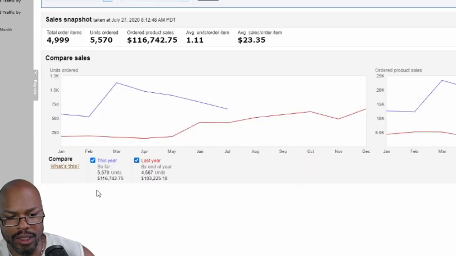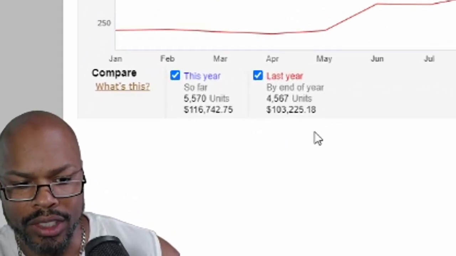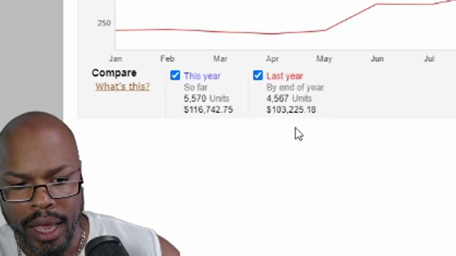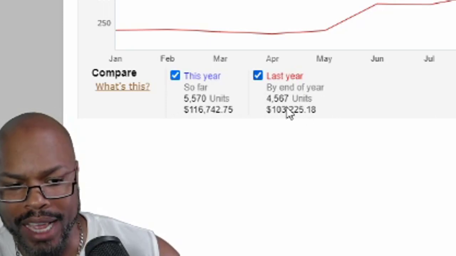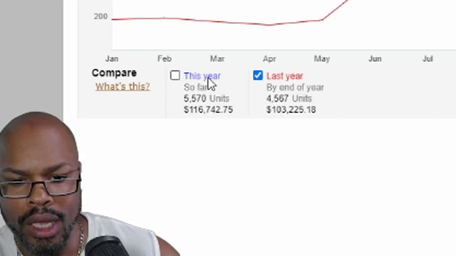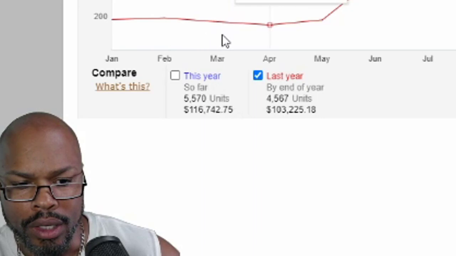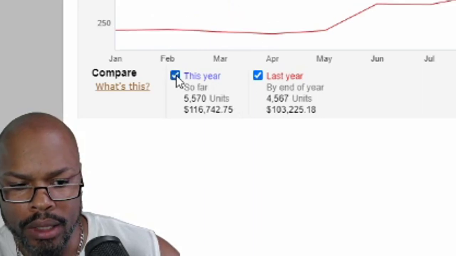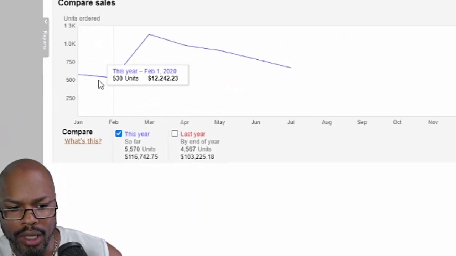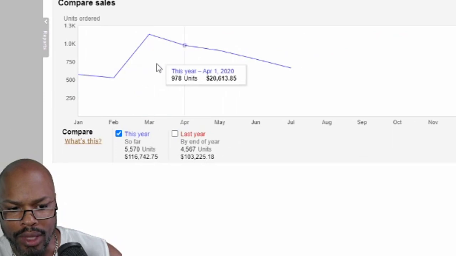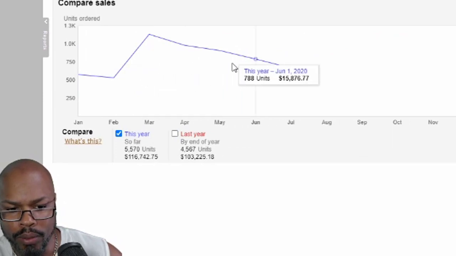That way we can kind of see what we're doing for the entire year, and we're going to look at last year and see how much further we're already past last year. If we click here, and we'll take this year, take out last year, you can kind of see how things have been moving. We've actually been moving down a bit.